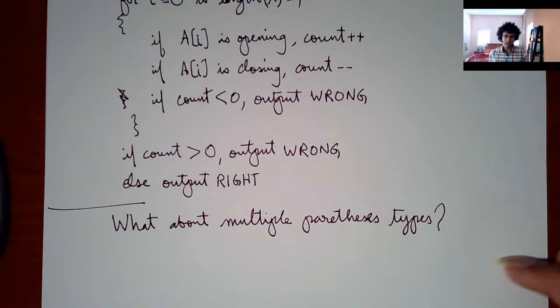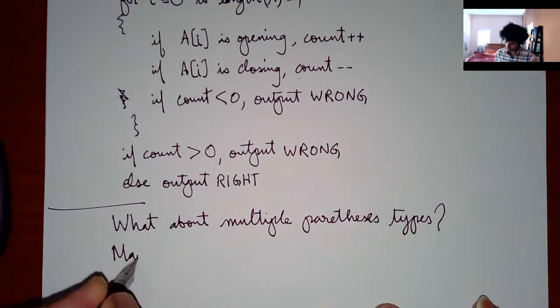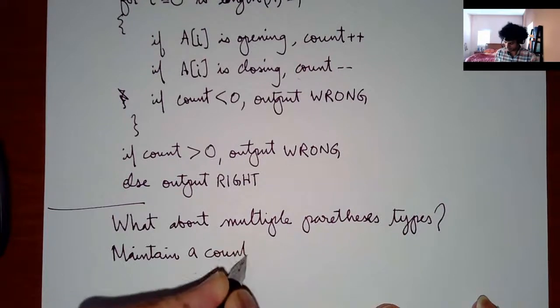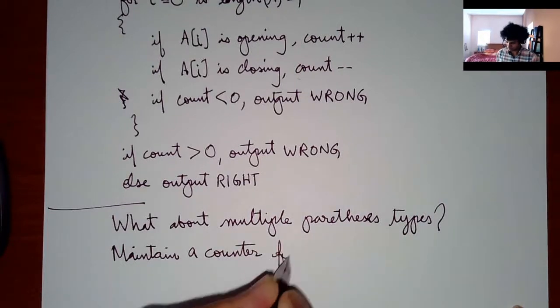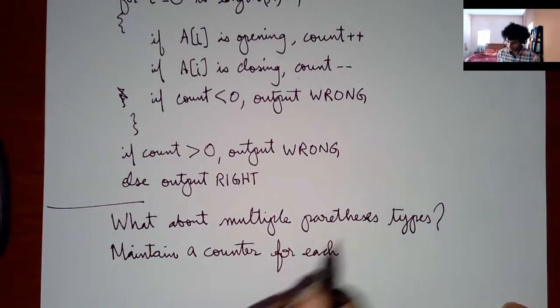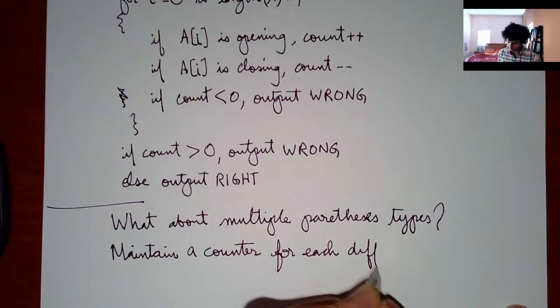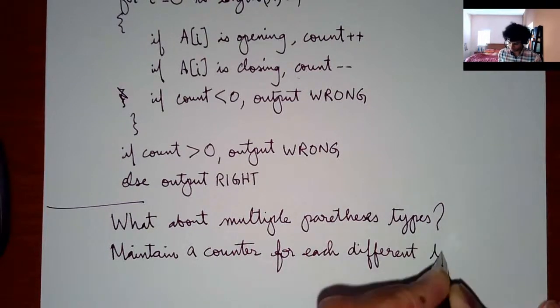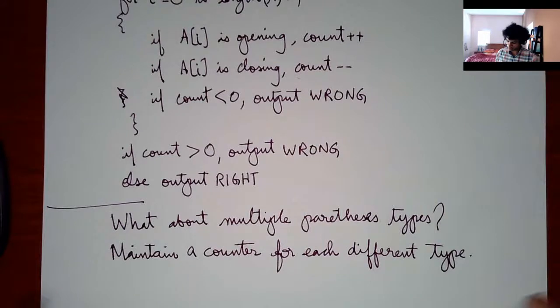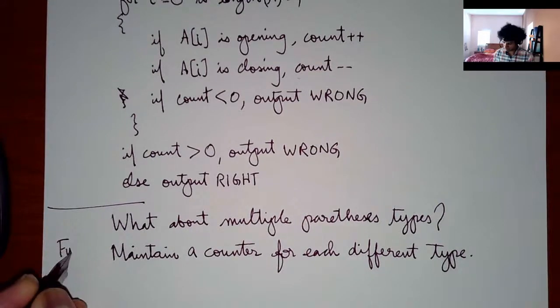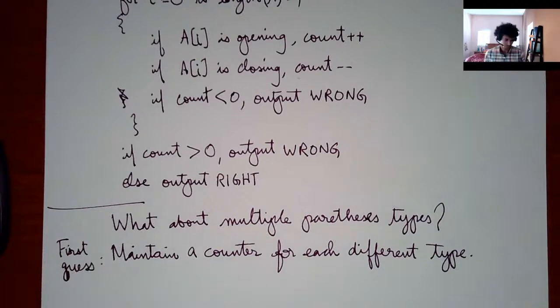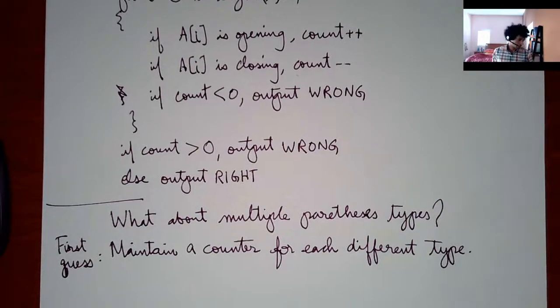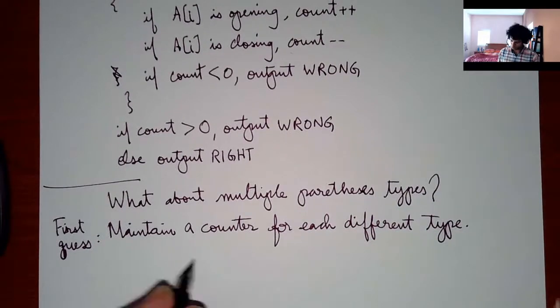A first guess is to maintain a counter for each different type. It turns out this doesn't work, and I'll give you a simple example where it doesn't work.